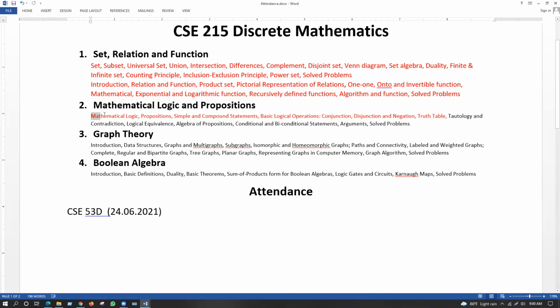We already discussed these topics: mathematical logic, propositions, some simple and compound statements, some basic logical operations like conjunction, disjunction, negation, and lastly we discussed the very basics about truth tables and how to construct a truth table.